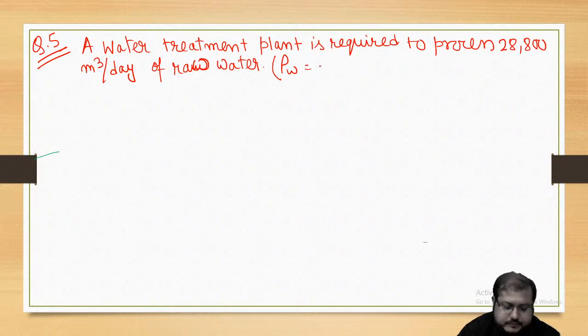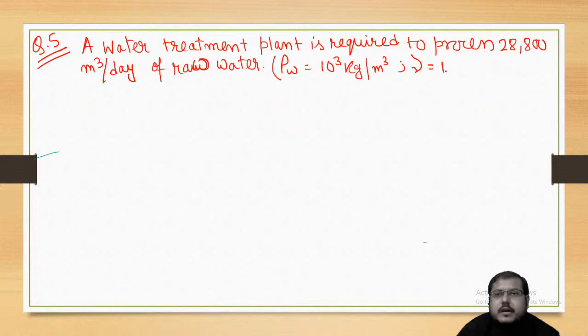Density of water is 1000 kg per meter cube and coefficient of kinematic viscosity is 10 to the power minus 6 meters square per second. These values are provided.